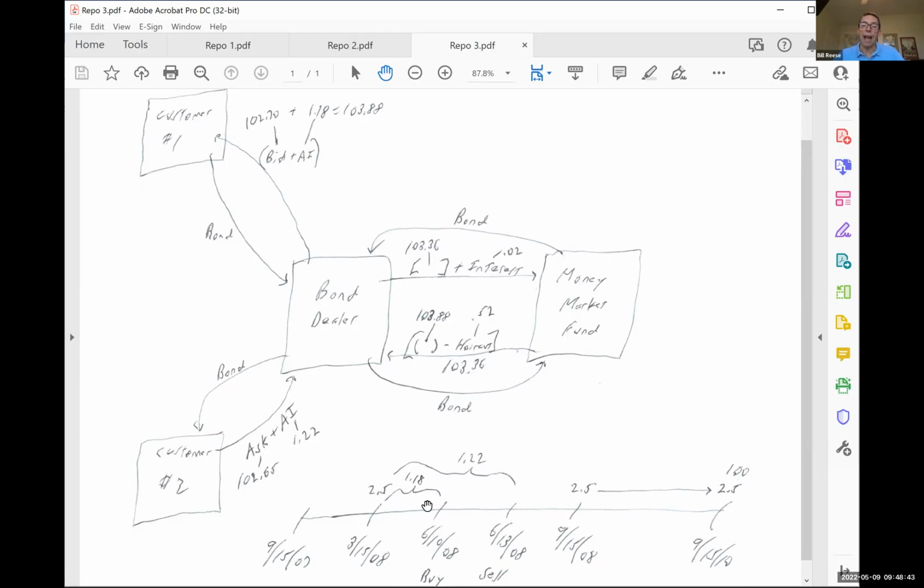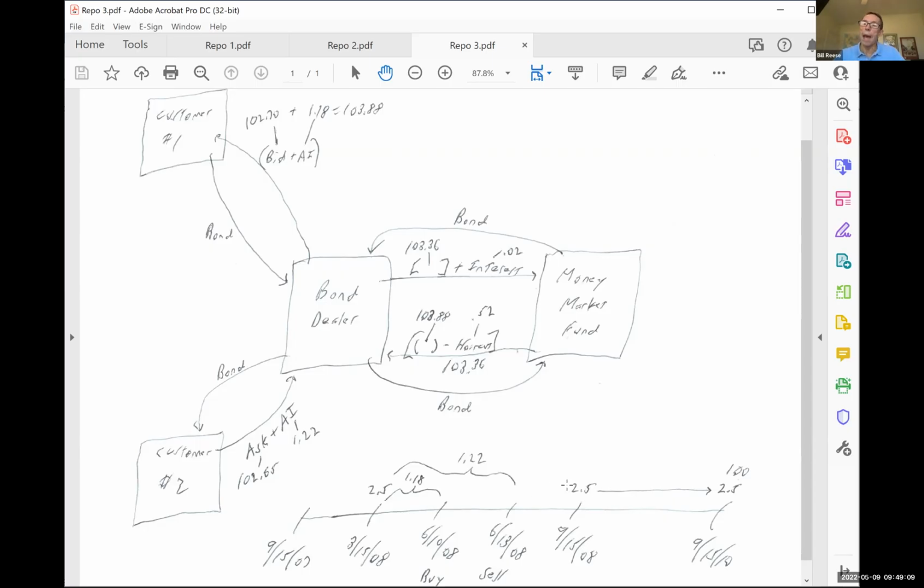That represents how many days, as a portion of this 6-month period, that customer number one held the bond. Customer number one held the bond from March 15th through June 10th. So customer number one is entitled to receive that portion of this next coupon payment as accrued interest.